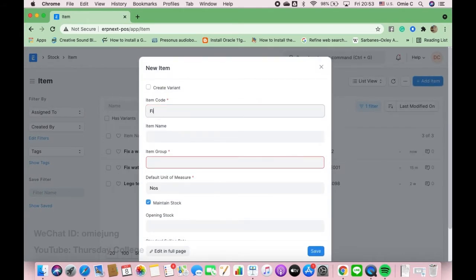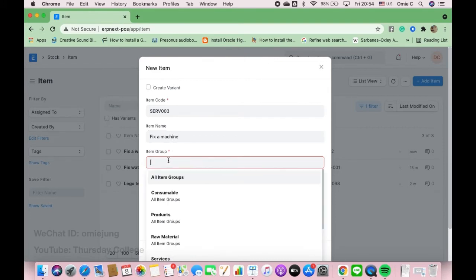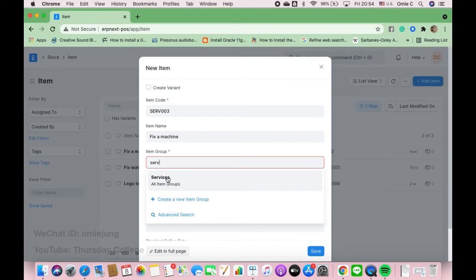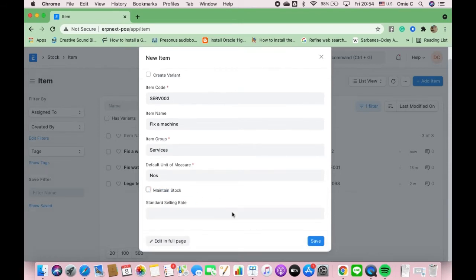For example, fix a machine, maybe we are kind of in manufacturing. The code is service 00t, fix a machine, and this is in services. We don't need to maintain stock.